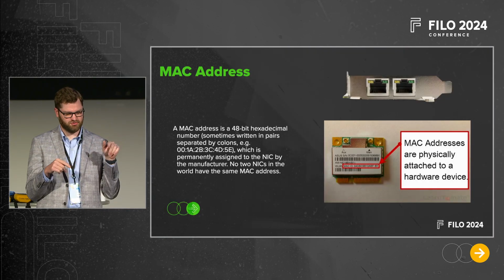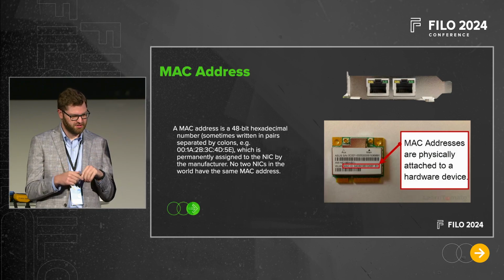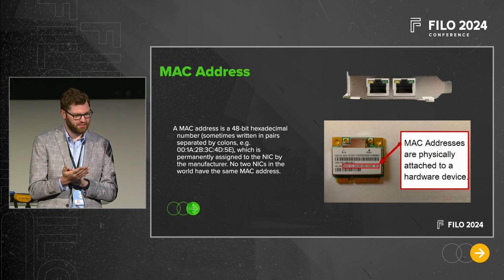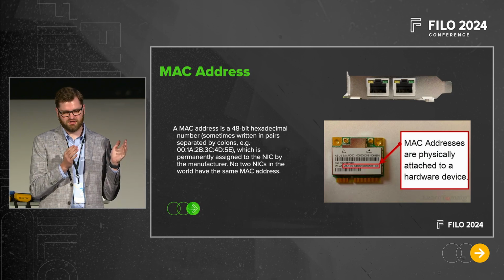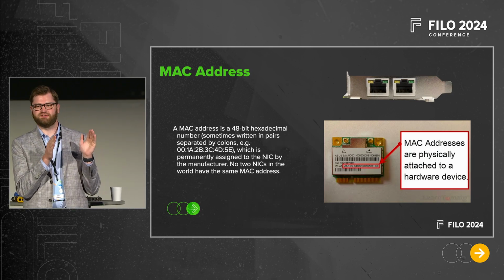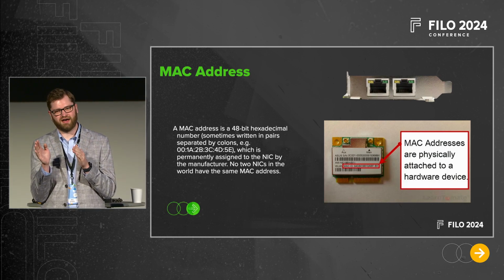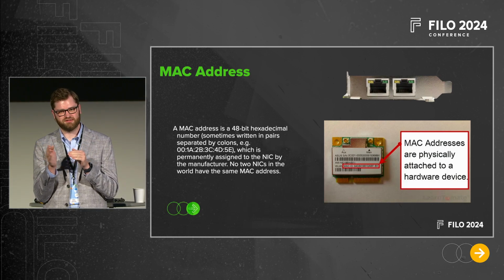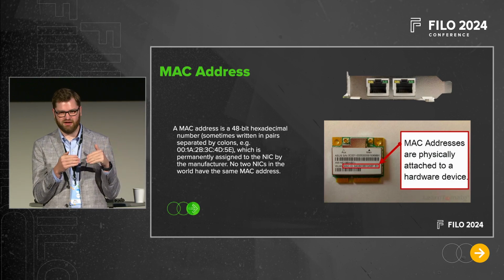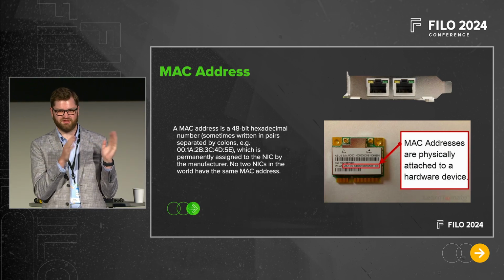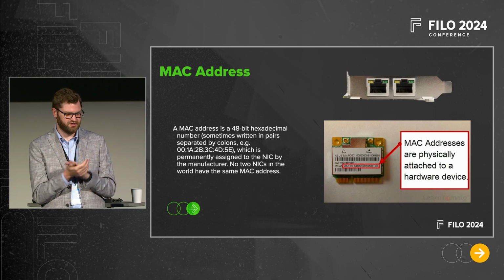You'll see it like 00, 1A, 2B, and so on. What's interesting is the first half of that MAC address identifies who manufactures the device, and the second half is a unique identifier for that device. Later on we'll show that you can scan your network and see devices and their manufacturers pretty easily, which also helps with troubleshooting.